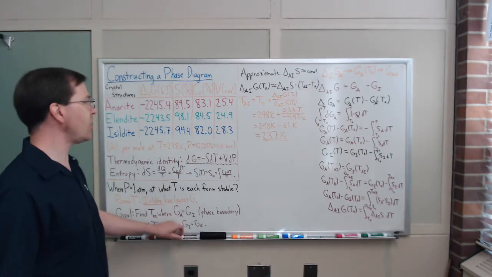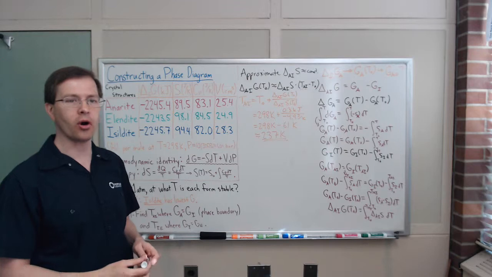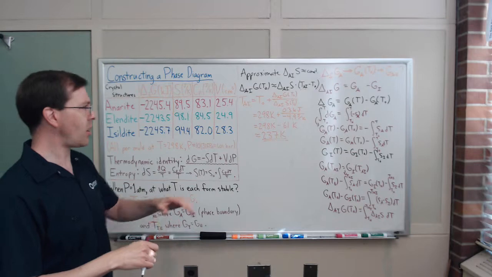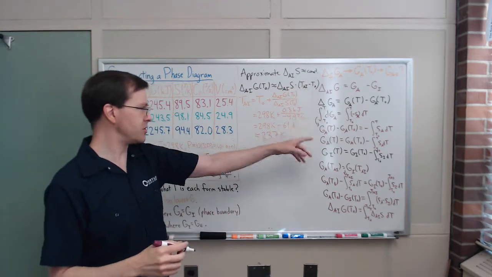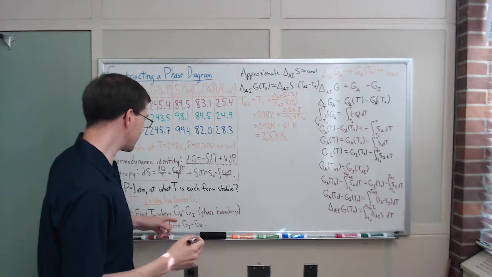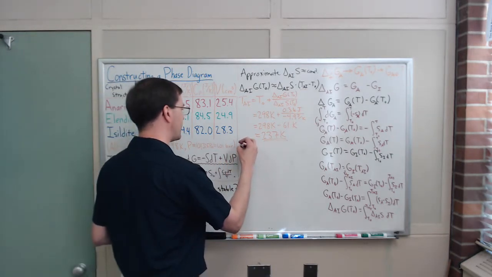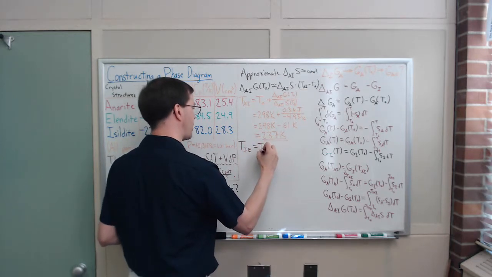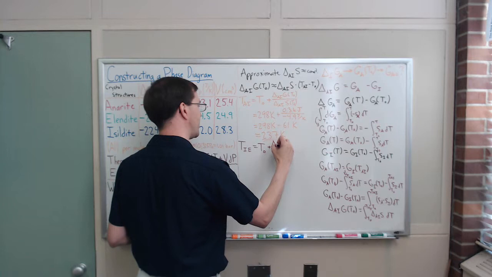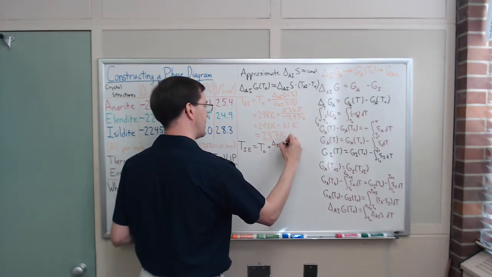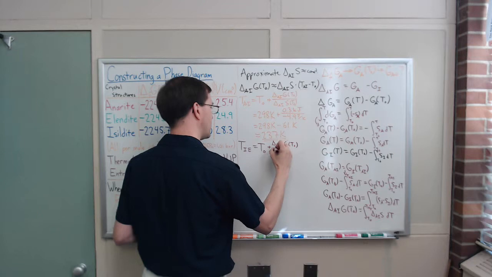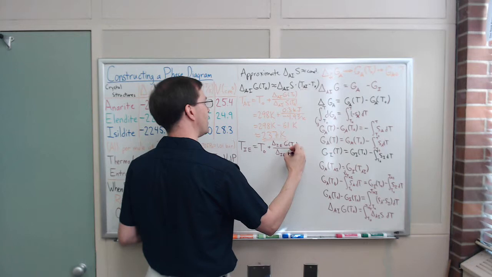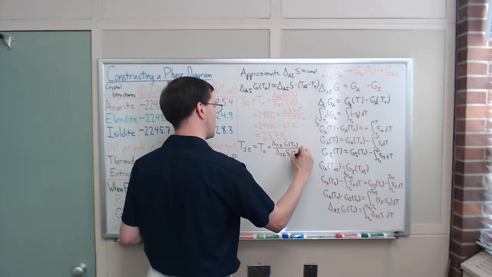I can use this same mathematical form for the iseldite-ellendite transformation, because the arguments would be exactly the same. They would just be relabeling which was which. For the iseldite-ellendite transformation, I'll find that T iseldite-ellendite is equal to the same T naught, our reference temperature, plus delta IE G at reference temperature divided by delta IE of entropy, again at our reference temperature.